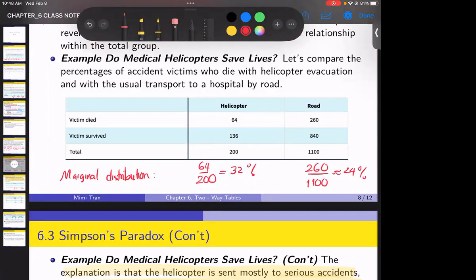We have two different results. They contradict each other, because of the lurking variable. And what is the lurking variable here? What affects that difference? We just talked about it. Seriousness, right? The level of seriousness.